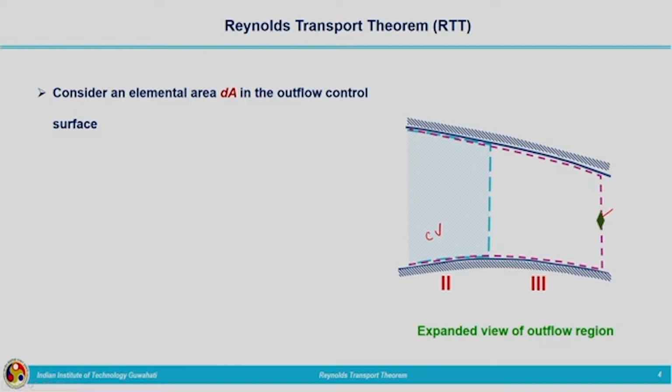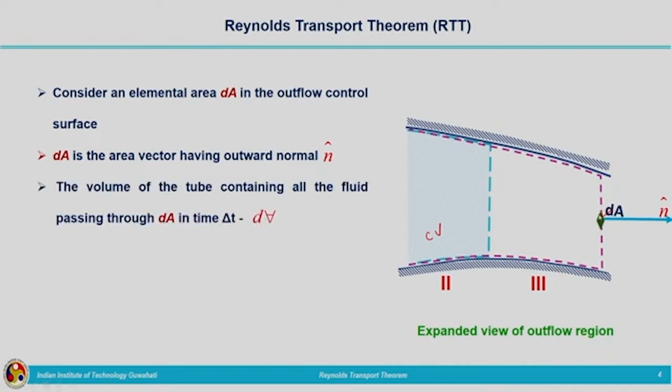Area is a vector, so area will have a direction. The direction of an area is always taken in the outward normal direction. That is marked with vector n. Then we need to consider the volume of the tube containing all the fluid passing through dA in time delta t.